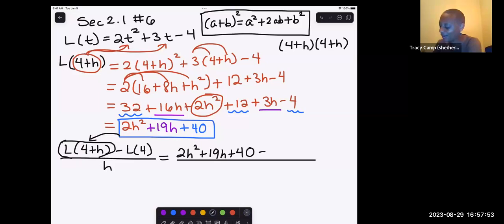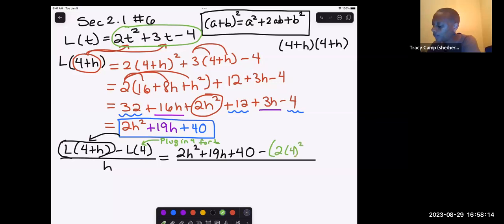I have to actually plug in numbers. So for the L of 4, I plug in 4 for t, using the original function that we were given. So I have 2 times 4 squared plus 3 times 4 minus 4. And then this is all over h.